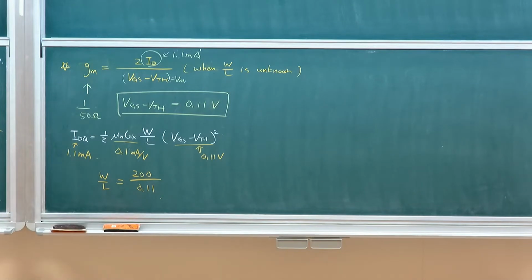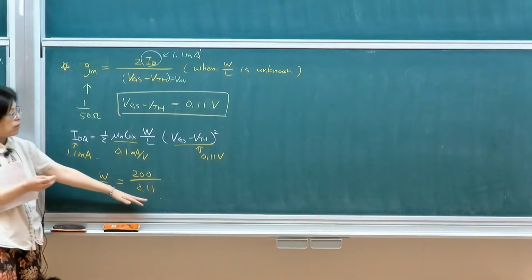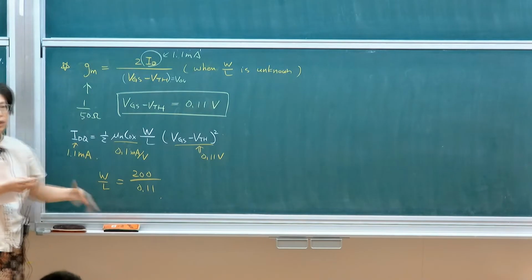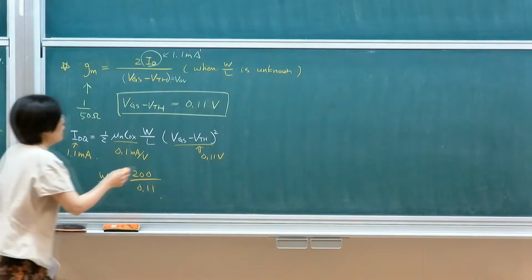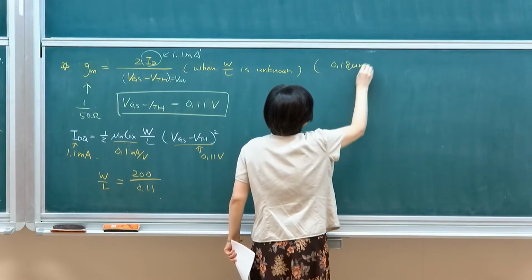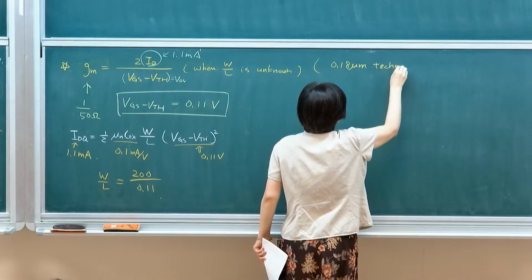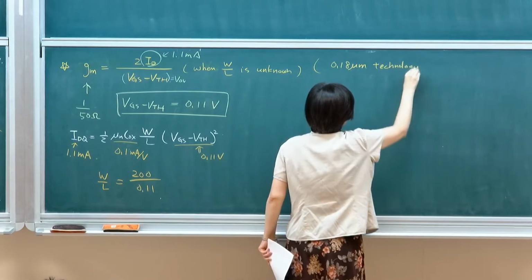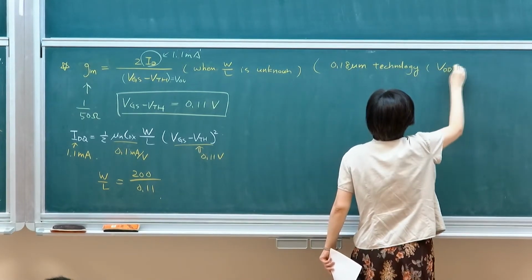So it's a fairly large, wide transistor, I should say. And this is typically not a good number because, I didn't actually define it, but based on the VDD, it's supposed to be a 0.18 micron technology, meaning that the smallest length you can draw is 0.18. So let's say this is 0.18 micron technology, just based on VDD at 1.8.